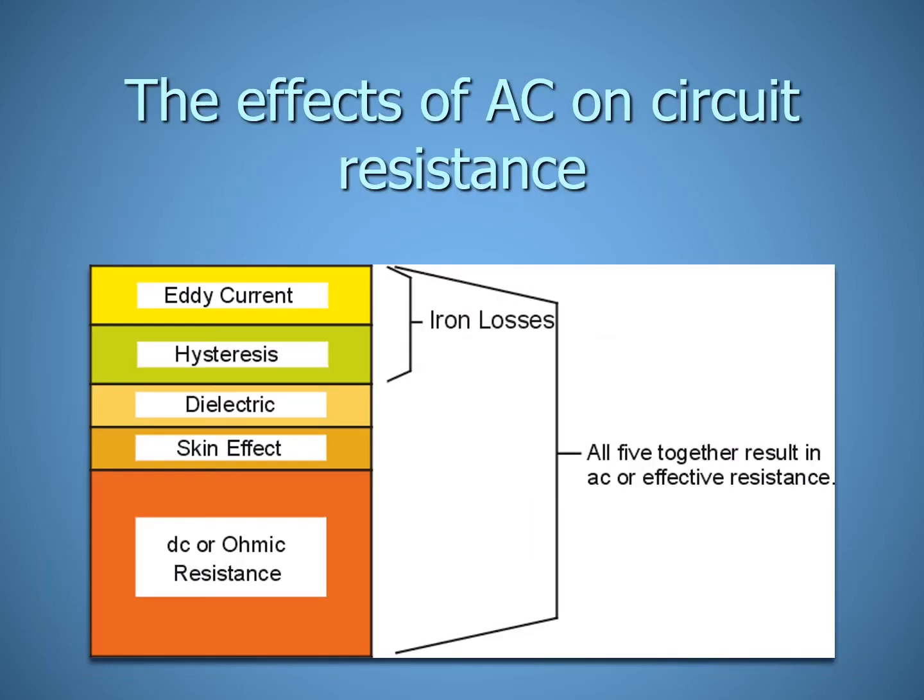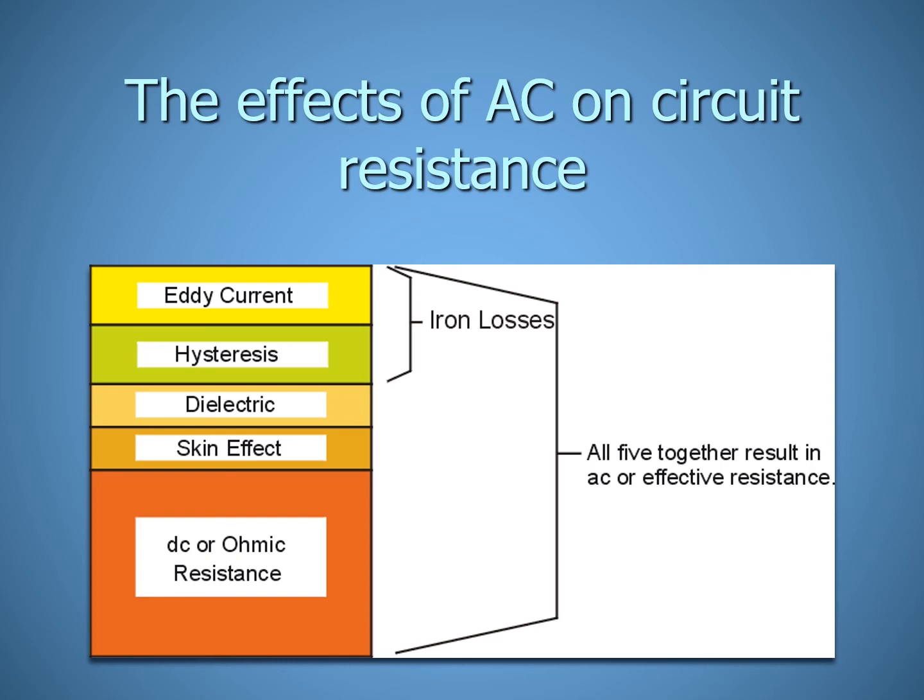Now we can have an idea of all the different things that can affect our AC circuits. Not only do we have to think about our resistive losses, such as just the resistance of the wire itself, as well as any impedance or capacitance losses that we can have inside this, but we also have to think about eddy currents and hysteresis and how much heat is being created by those two iron core losses.